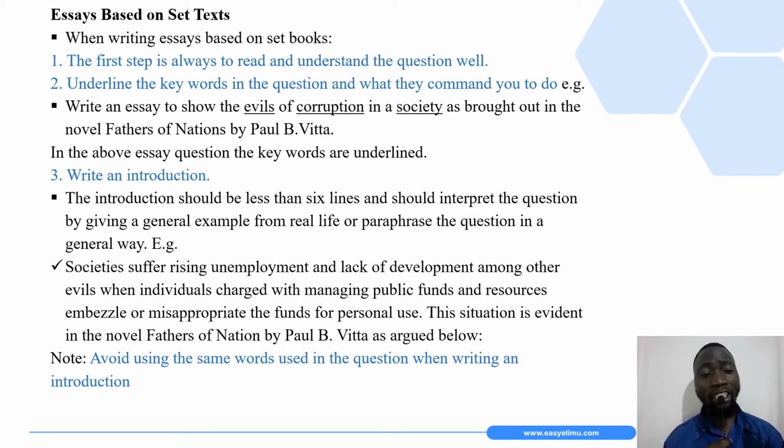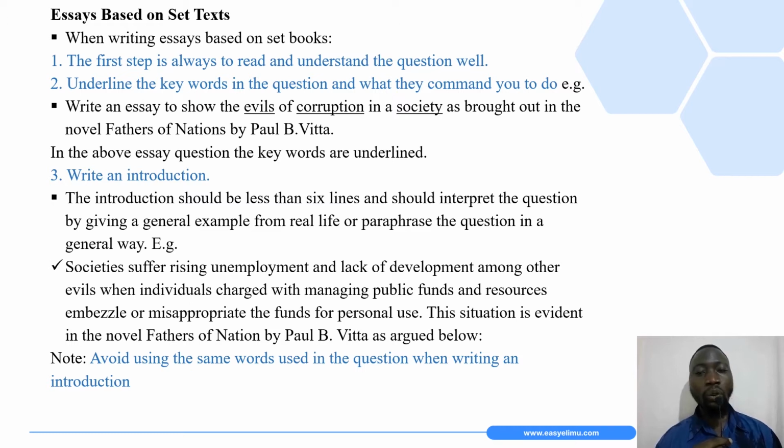So write an introduction, and when doing this, you should know that the introduction should be less than 6 lines, and it should interpret the question, that is by giving a general example from real life or a paraphrase of the question in a general way. So I know that we have got various types of introduction. Some will talk about outline, blah, blah, blah. But I want us to be using only these two types.